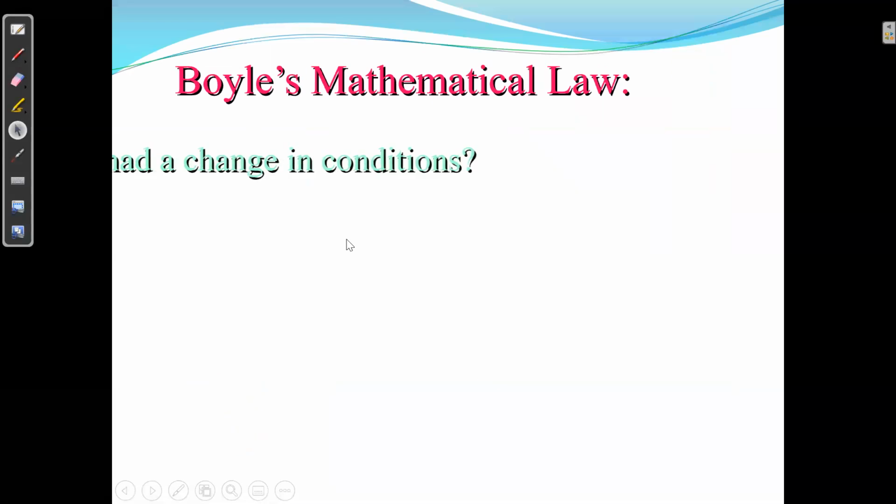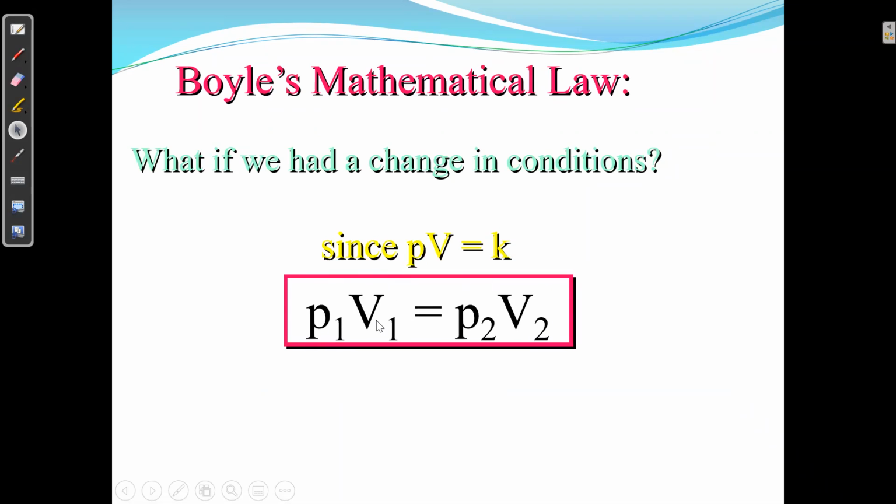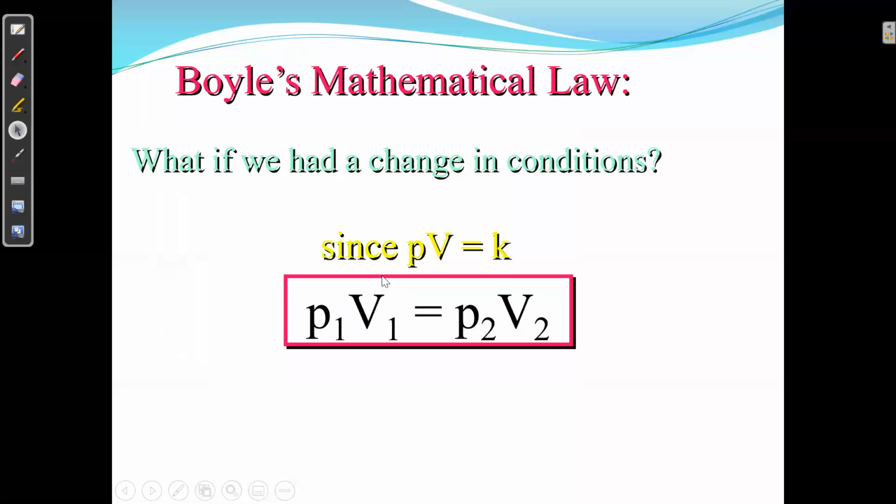Now, what if we have a change in conditions? What is the mathematical expression? Since PV is equal to constant, PV is always constant, or we can say P1V1 is equal to P2V2. So this is clear.